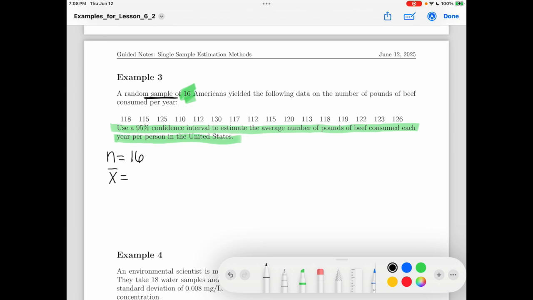We know our confidence level is 95%, so I'm going to put that in there. We're also going to need to know our sample standard deviation, that's our s. And if we want to do this by hand, we're going to need to know the t-critical. I'll show you how to get that on GeoGebra as well.